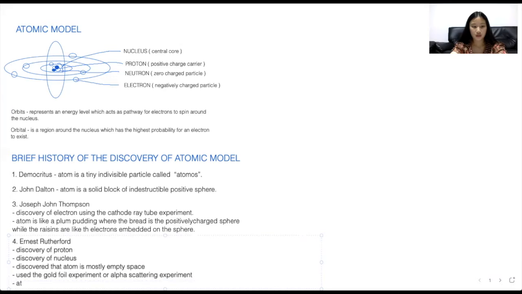He said that an atom is mostly empty space with a nucleus at the center made of positively charged particles called protons, with electrons surrounding the nucleus.